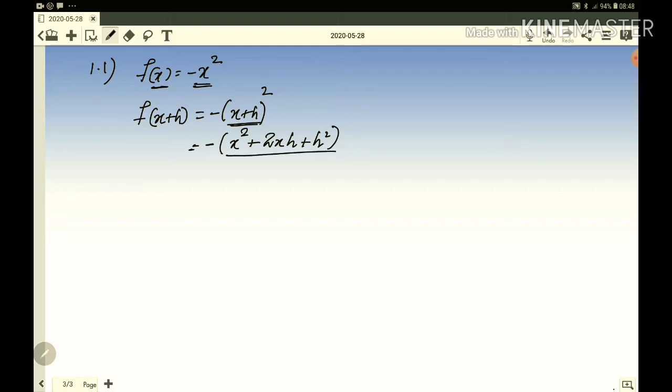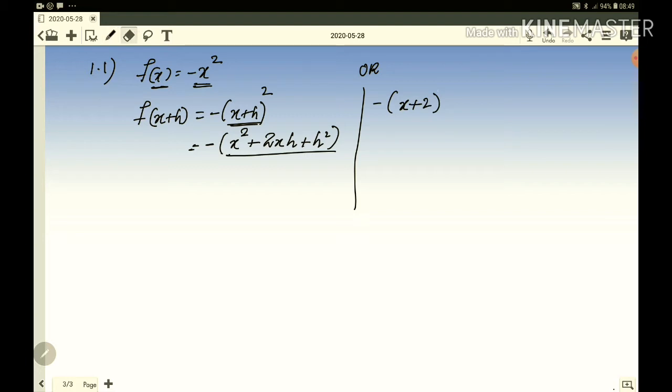See, I am using the bracket because of the negative still there outside. Opening the bracket, you can still do it using the FOIL method, because some learners are not familiar with the method that I applied now. Those who want to go with the FOIL method, there is no problem. For that, you have to open 2 brackets because of the square.